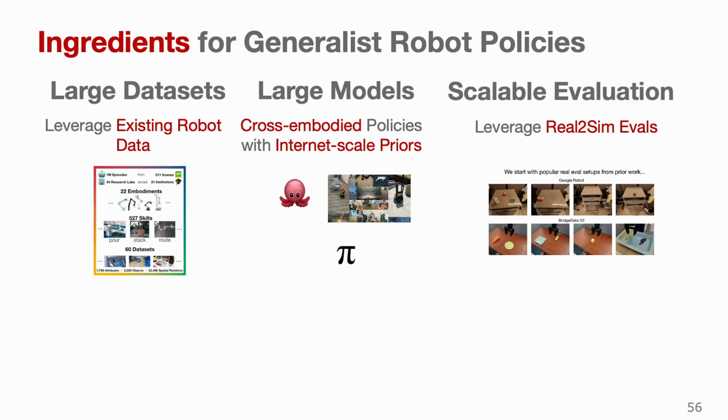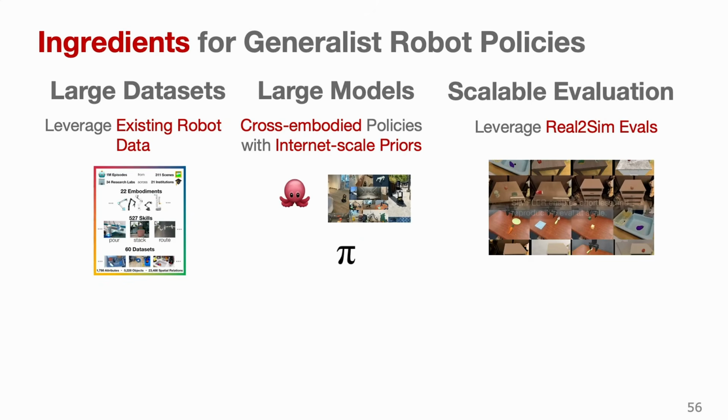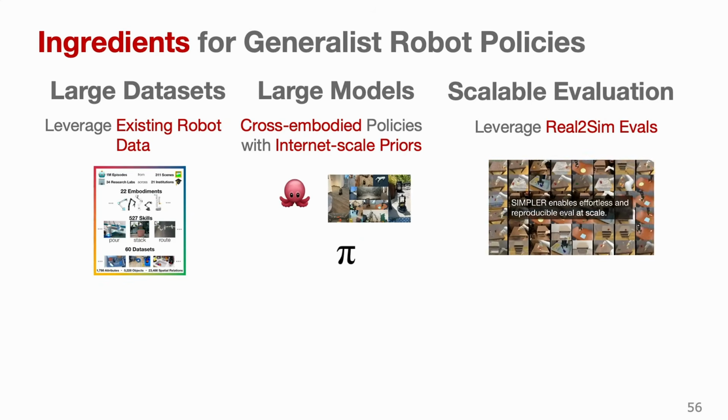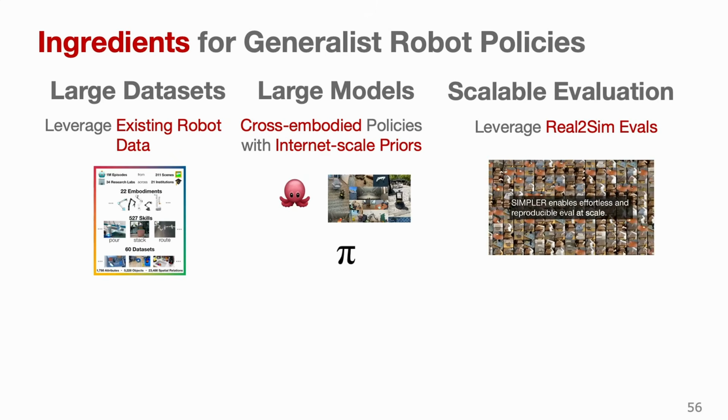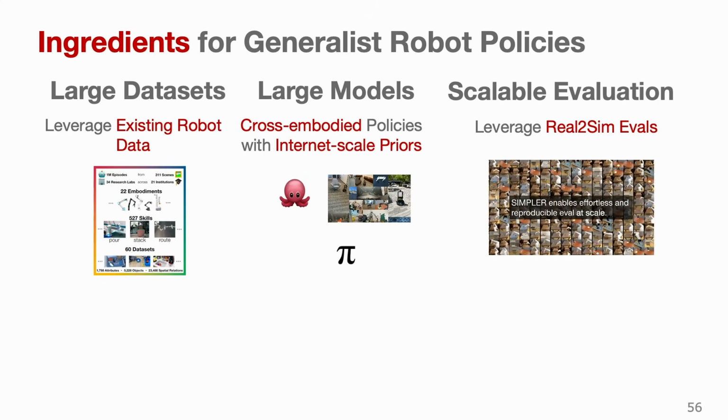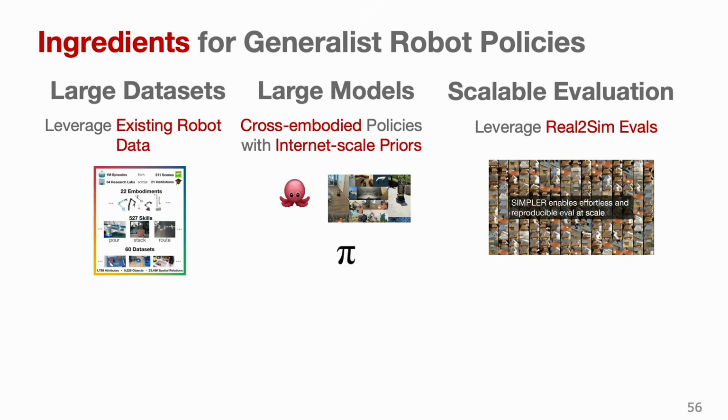All right, so to conclude today's lecture, we talked about the three ingredients that we have covered in order to develop generalist robot policies. We have talked about how you can aggregate existing offline robot data and convert it into a common format that enables co-training on them.